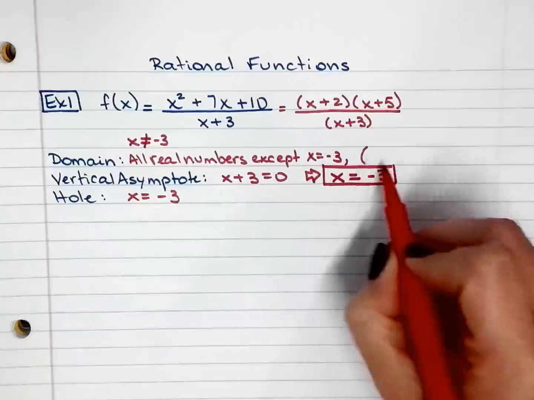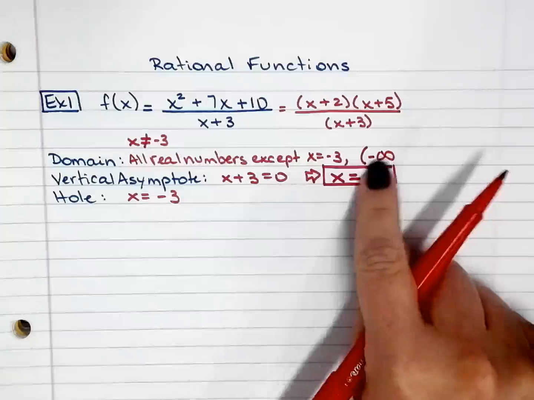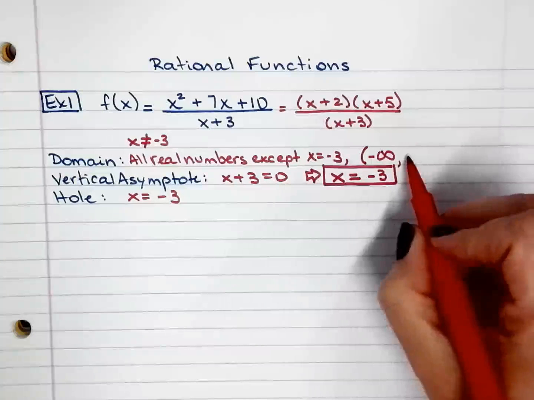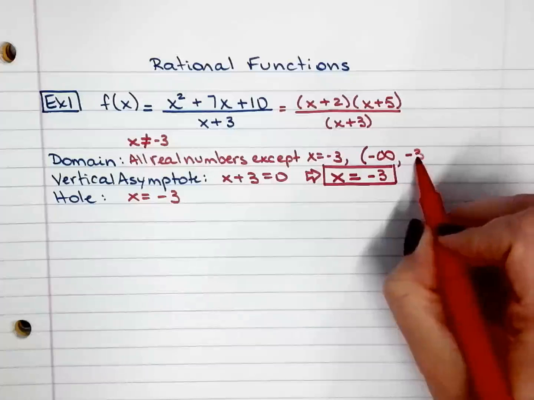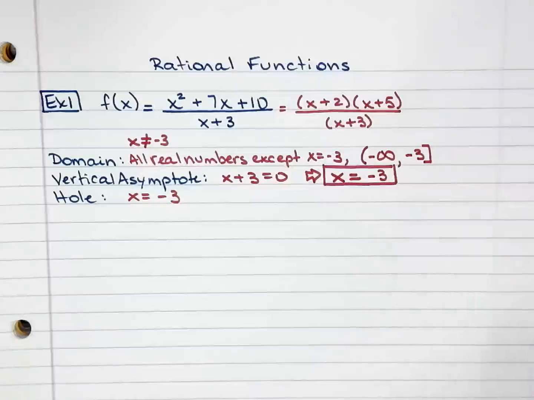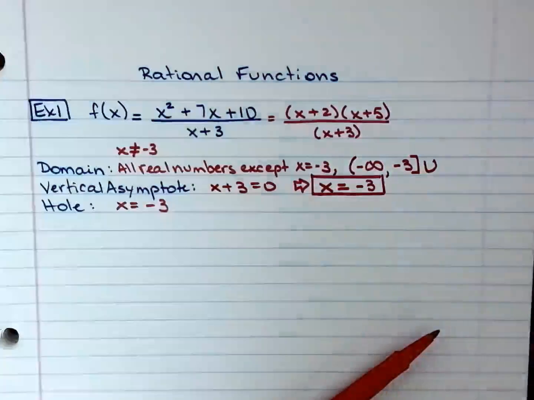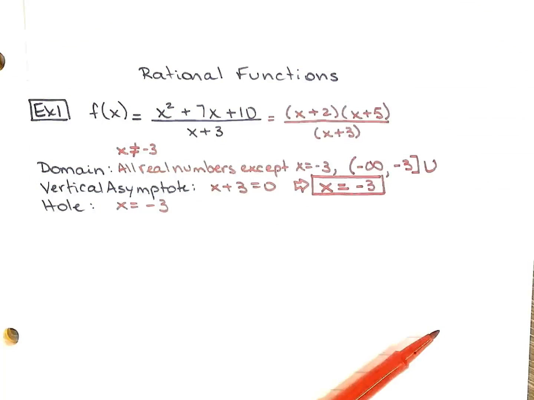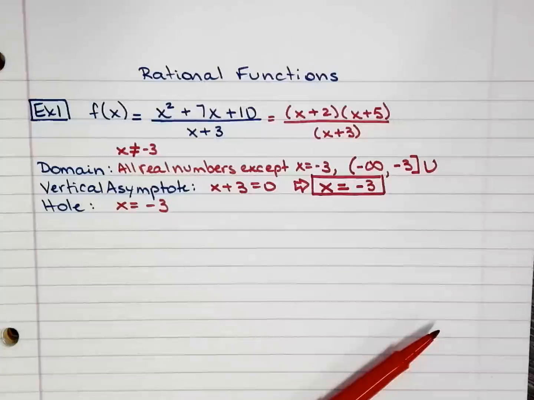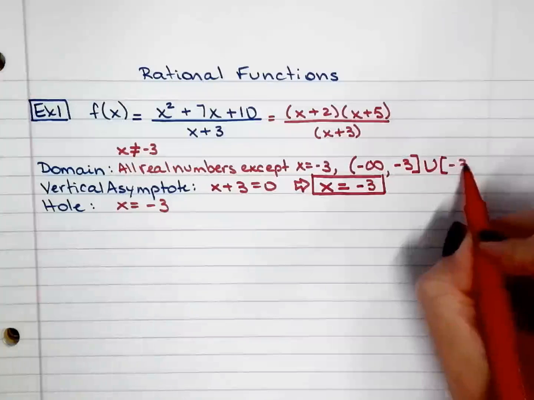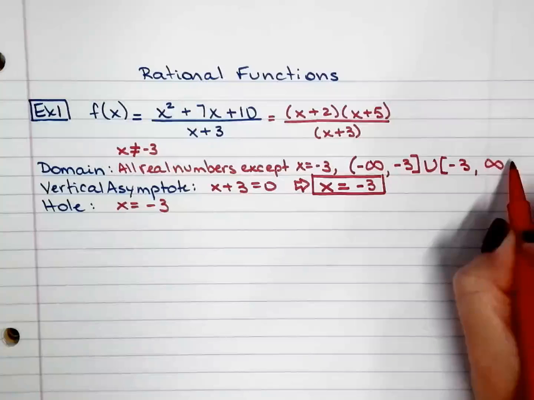will be from -infinity, does not include -infinity, all the way up to -3, does not include -3, and then in conjunction with -3, all the way over to +infinity.